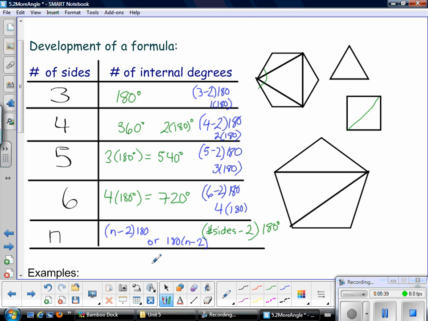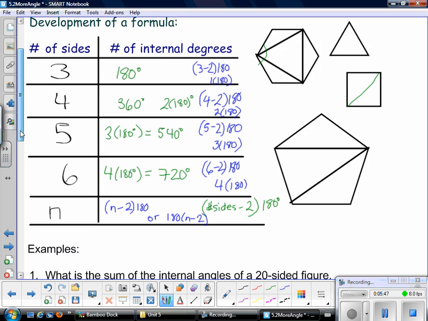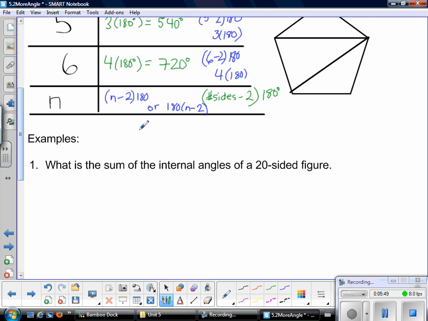Or you could distribute it through if you really wanted to, and that would work as well. So let's use that formula now. As I said, it doesn't matter which one you remember. If it was me, I'd probably remember number of sides, take away 2 times 180, because that way I could check it for a triangle, and I know that my answer has to be 180.